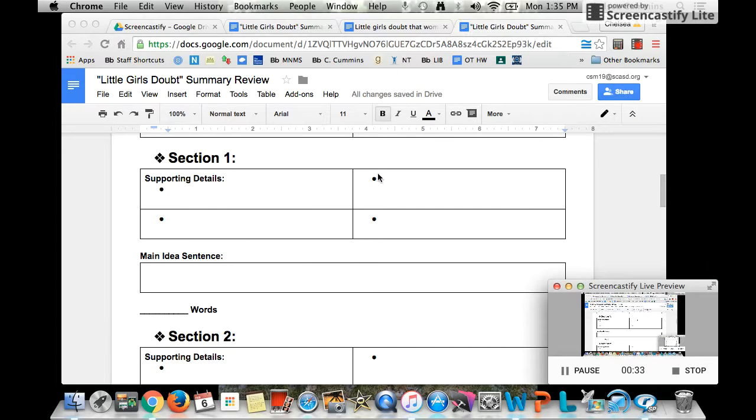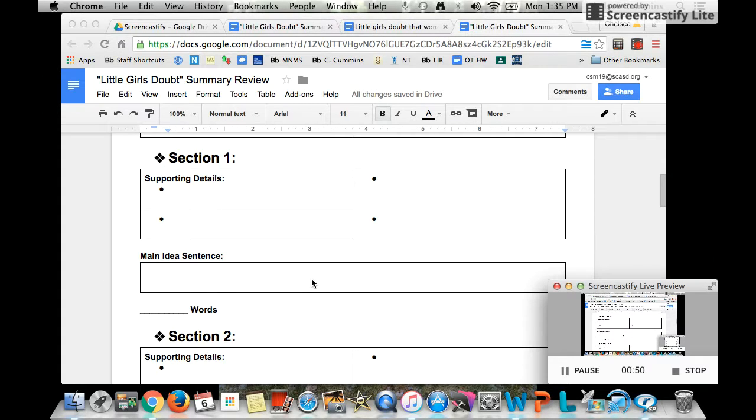Then from all of these supporting details, you're going to write one sentence that has who or what it's mostly about and what these details have in common. We can remember our formula from last class to write this sentence.